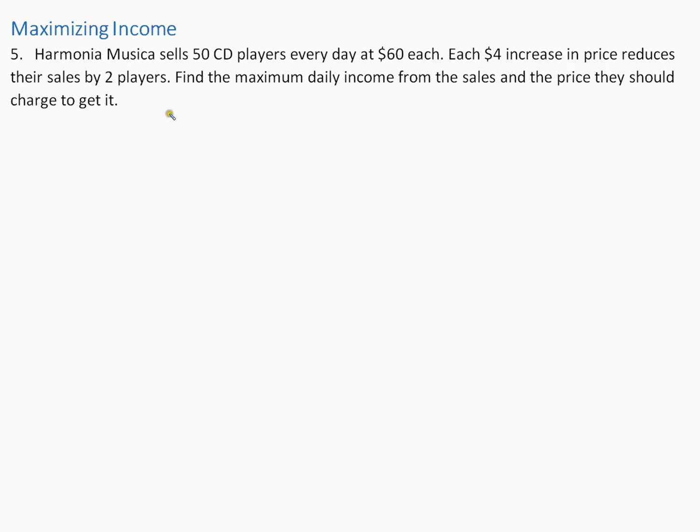So this is new to you, but the best way to do this is let x equal the number of price increases, because that's the one thing that relates these two changes, the number sold and how much you're selling them for.